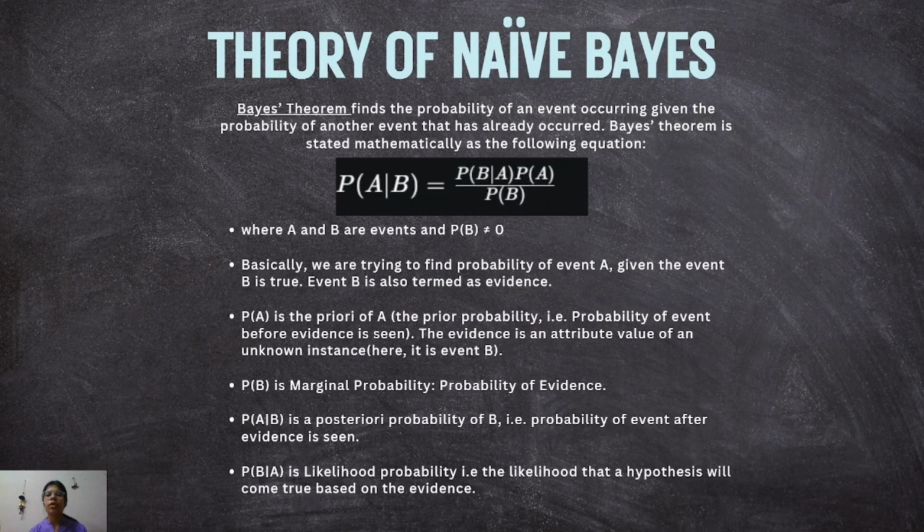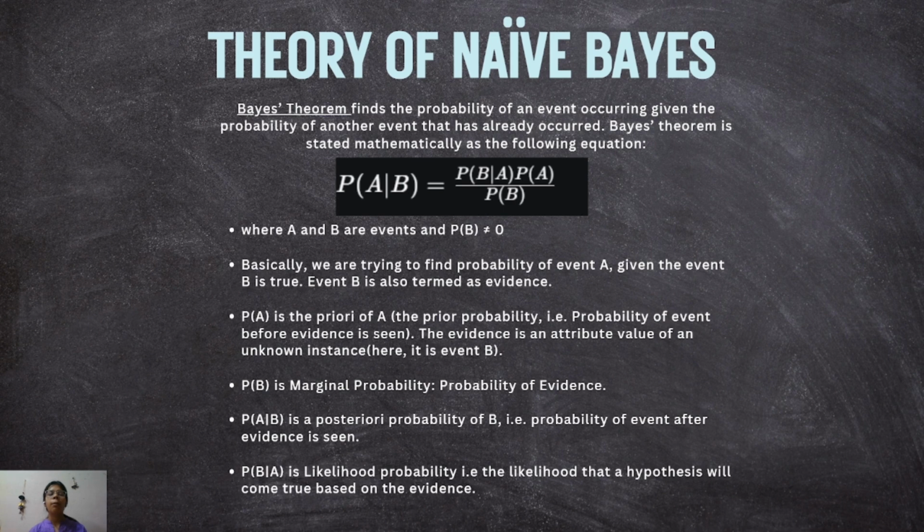Then what is the theory of naive Bayes? This is the formula for naive Bayes and the basic principle of naive Bayes, which is the probability of two events. Basically, here are two events A and B, where the probability of B should not be equal to 0. Then we are trying to find the probability of event A with respect to B, and B is always true. B can also be termed as the evidence.